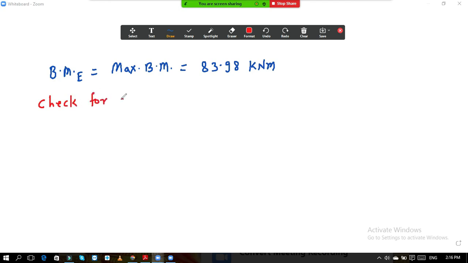So how do we check for depth? We equate the maximum bending moment to moment of resistance. Okay, so equating bending moment to moment of resistance, or this is also called the limiting moment.